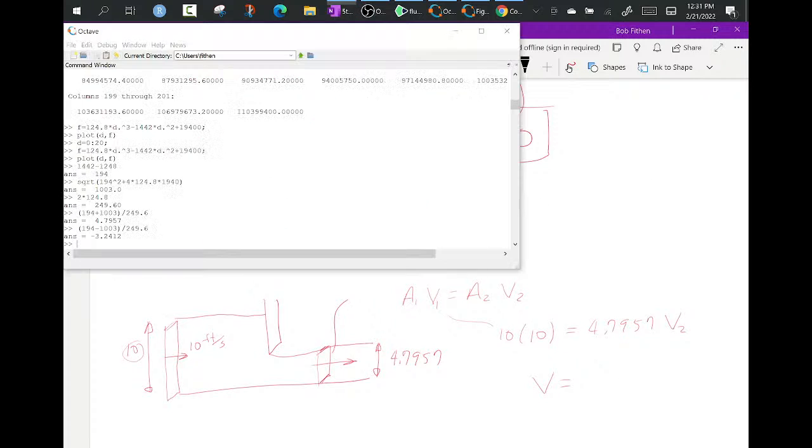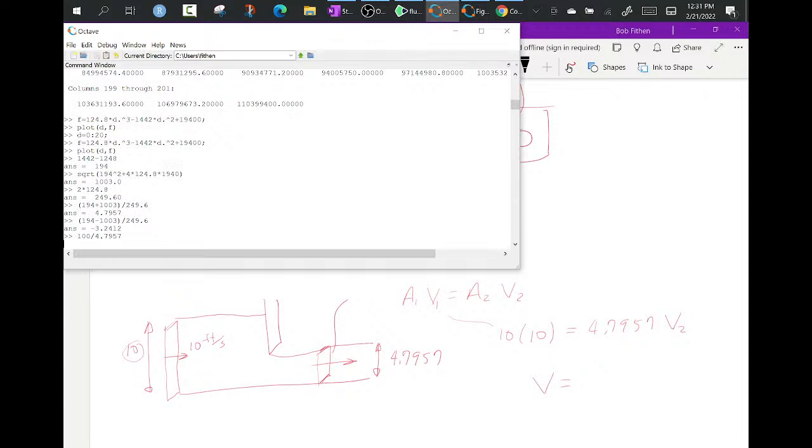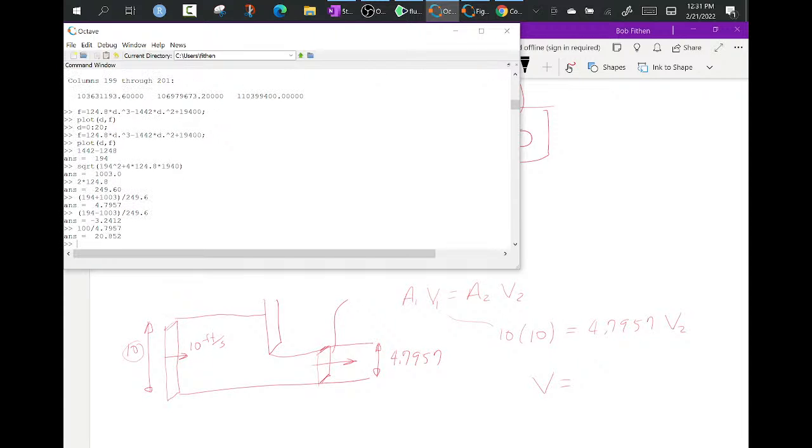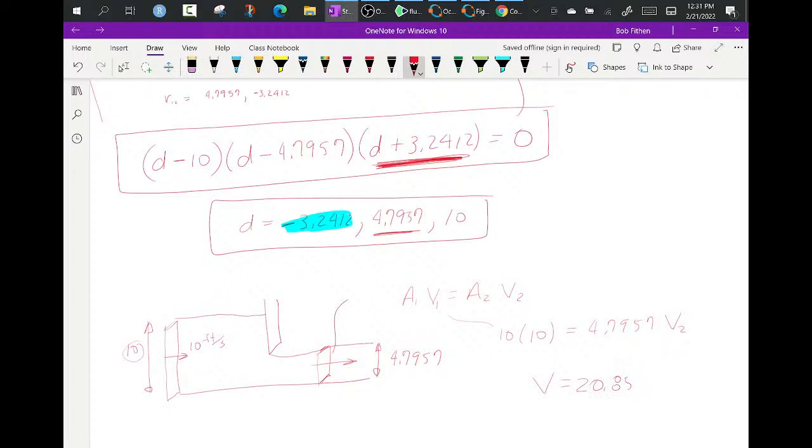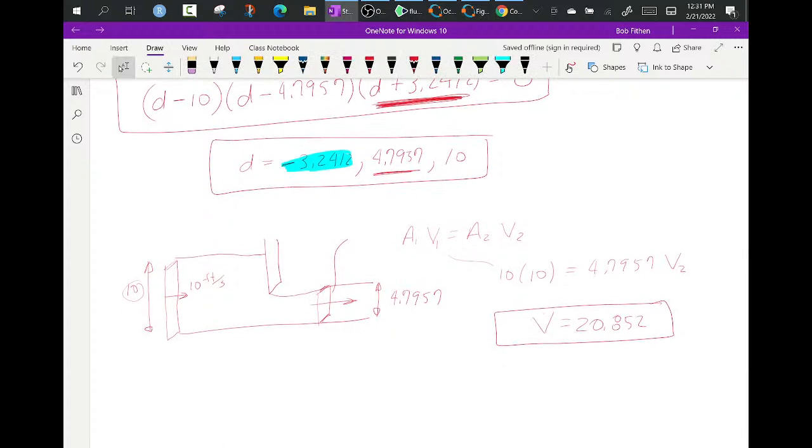And what you get is 100 divided by 4.79, which is about 20.852. That makes sense: if this was 5 and this was 10, it'd be exactly 20, but it's slightly off of the 5. So the other exit would be the 10.